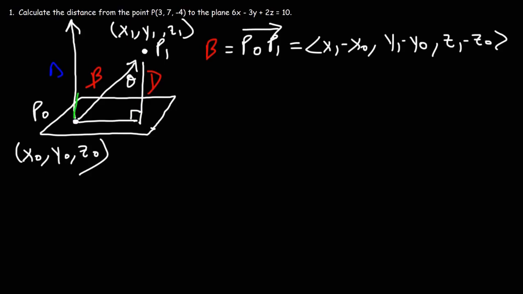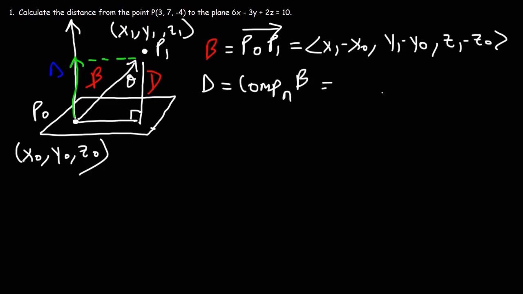So the scalar projection of B onto n will be this high. So it's basically a component of vector B that's parallel to n. And notice that that component has the same height as D. So we can say that D is the absolute value of the scalar projection of vector B on vector n.